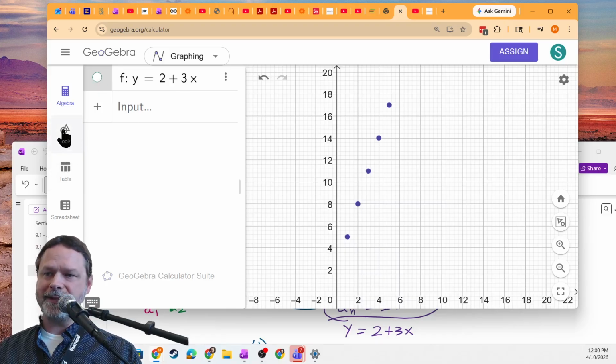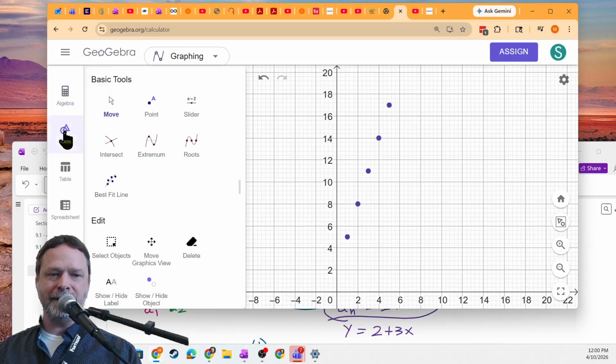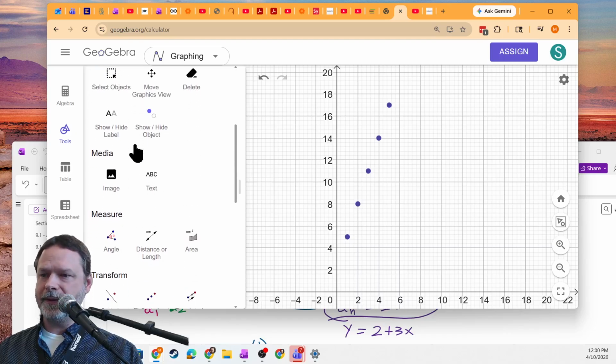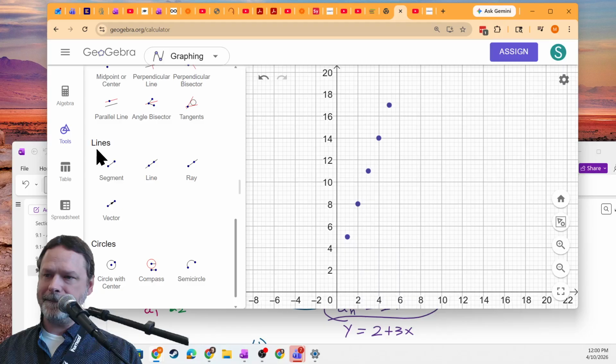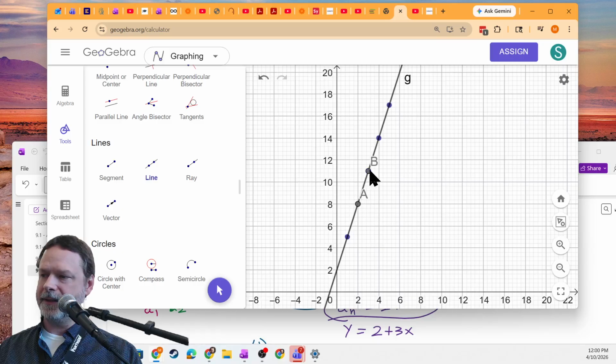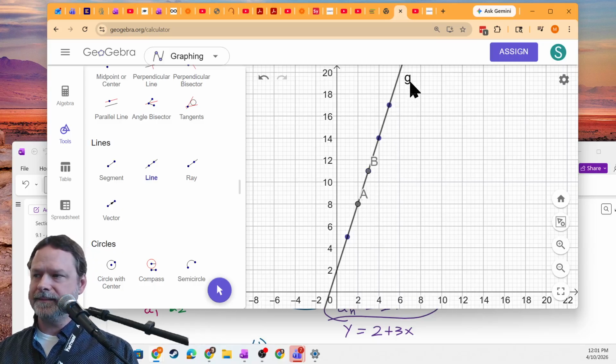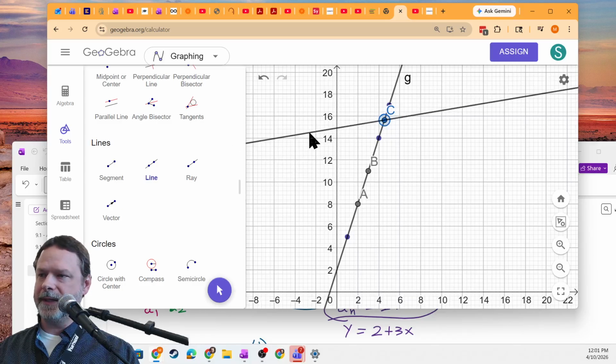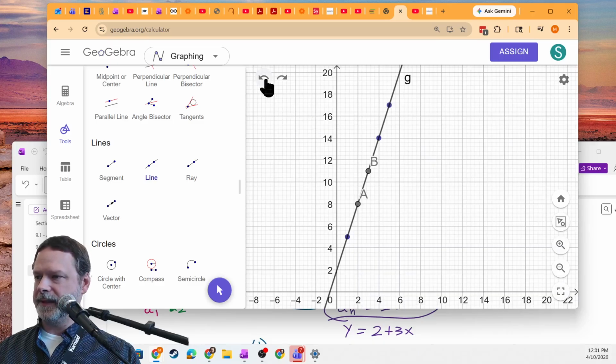What else we can do is there's this nice tool. Go to Tools over here. Okay? Go to Tools. Scroll down until you get to the lines. Click on the Line tool. And then pick any 2 points on our sequence. Any 2 values. Bam, bam. Click on those. And it creates the line. Creates G for us. Let's go ahead and click the undo button.